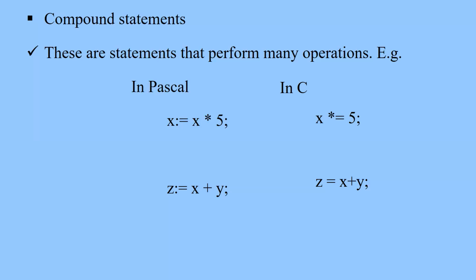I would like you to compare how we write the two in Pascal and in C. In Pascal, as you can see, we have this assignment operator here. Then we have this multiplication symbol. In C, we simplify this combination by just writing it like that.